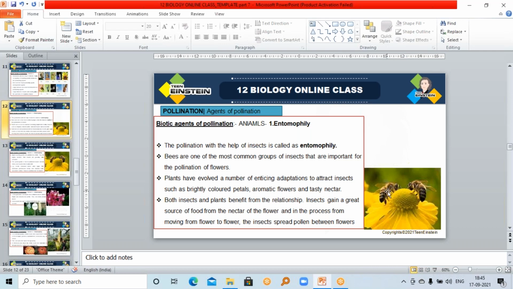From this flower, think that these bees are sitting on this flower. When it is collecting nectar from this flower, the pollen grains also will get attached, or stick to the body of these bees. When it is moving to another flower, these pollen grains will reach the next flower, right?